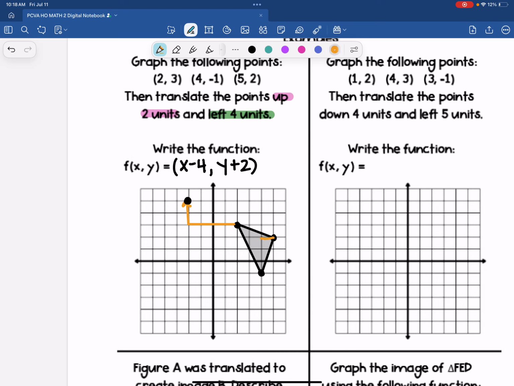So I'm going to do the same thing for this one. So we're going to go to the left, 1, 2, 3, 4. And then we're going to go up 2. All right, and then that puts me at my next point. And then finally, we're going to go left 4, and then up 2.